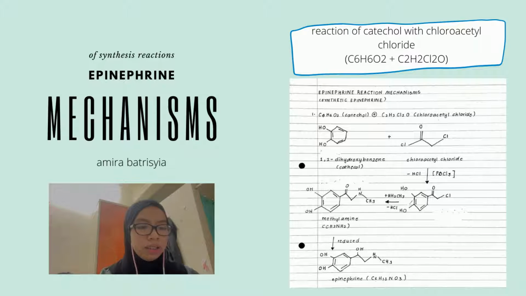The product of this reaction is then reacted with methylamine, CH3NH2, and reduced to form epinephrine, which is C9H13NO3, which is what the synthesized adrenaline looks like.